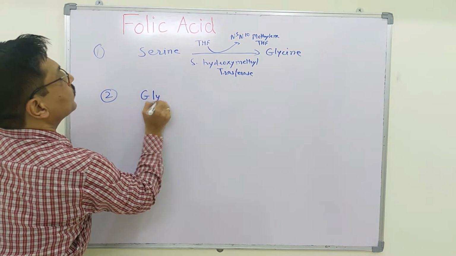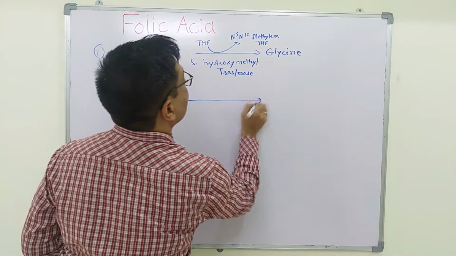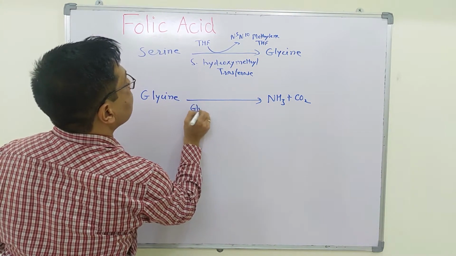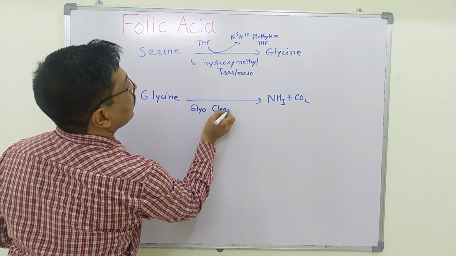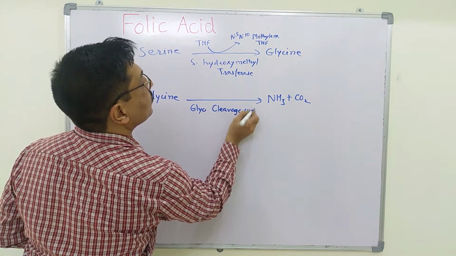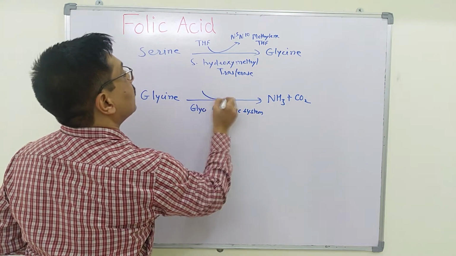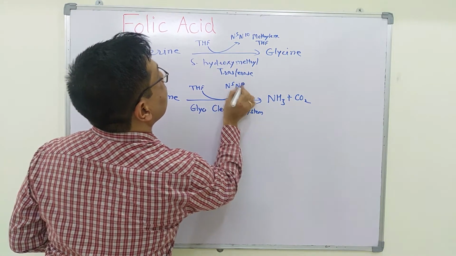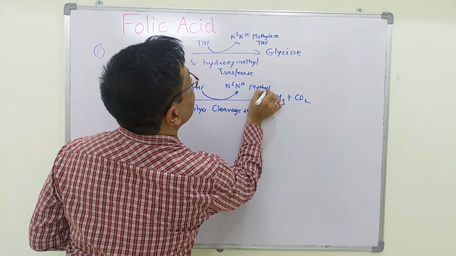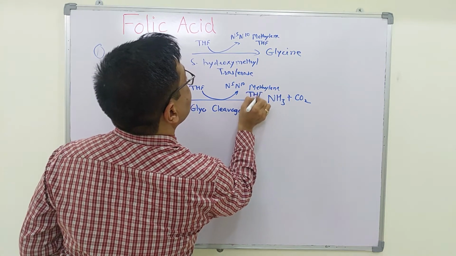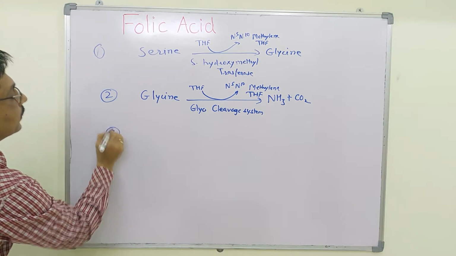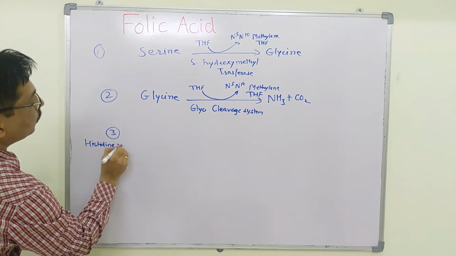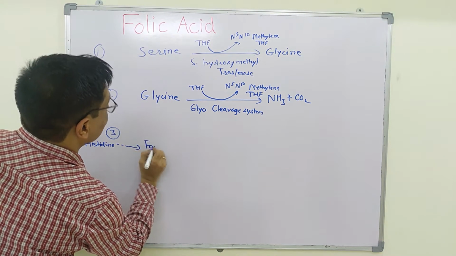Then glycine is converted into ammonia and carbon dioxide in presence of glycine cleavage system. Again, tetrahydrofolate is converted into N5N10 methylene tetrahydrofolate. Histidine, during its metabolism, forms formiminoglutamate.